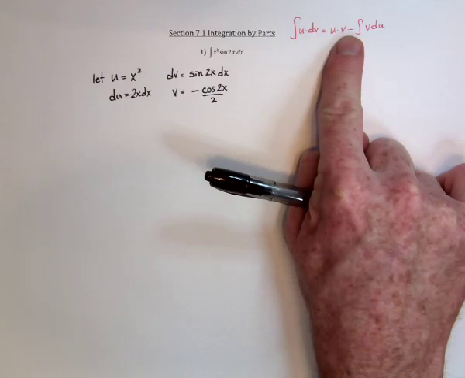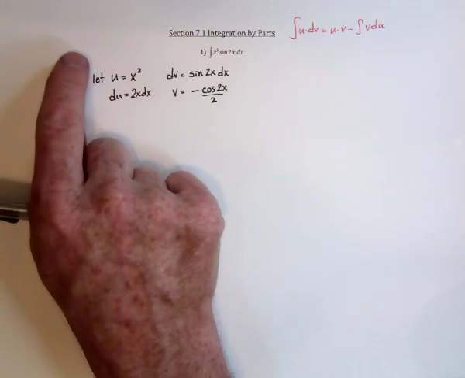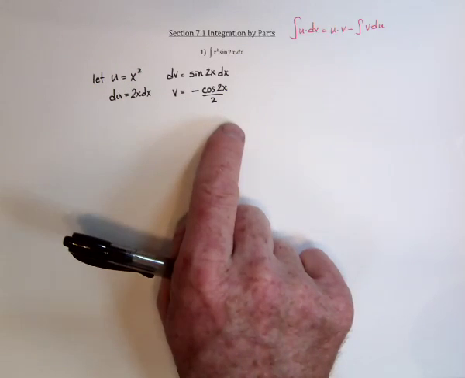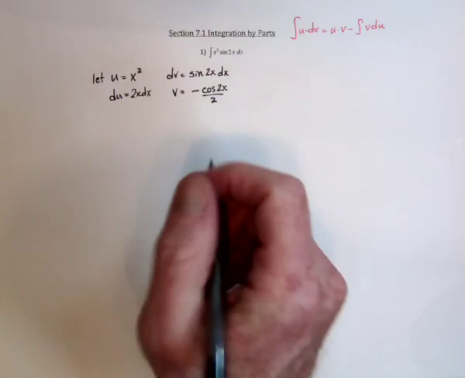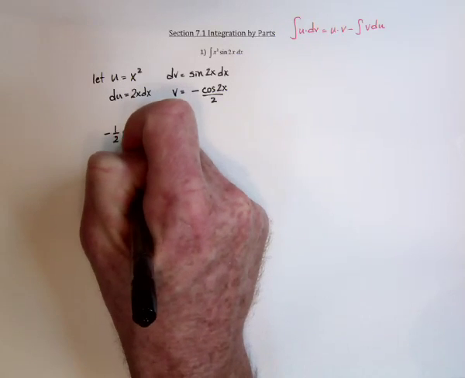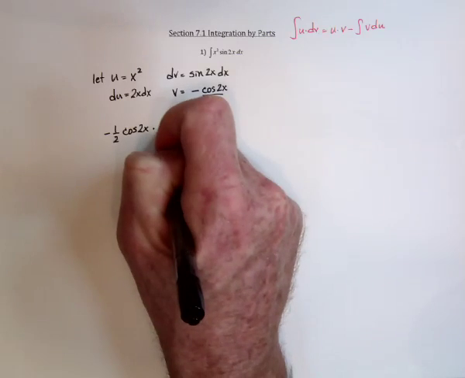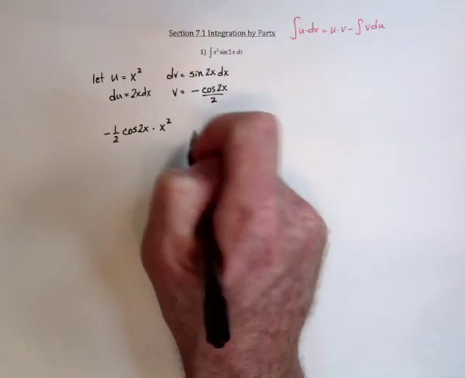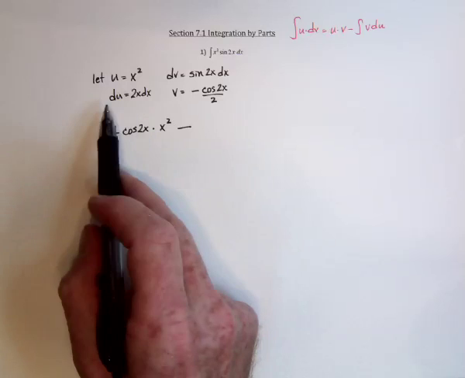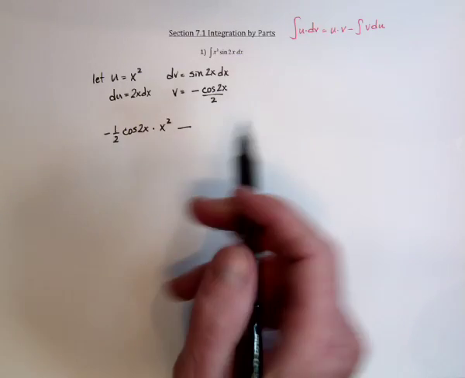So you can remember the integration by parts with this formula. Also, to help me remember, you multiply on the diagonal here, that's u times v. So I'm going to rewrite that as negative 1/2 cosine of 2x gets multiplied with an x squared. And that's minus, and then for v times du, that's just along the bottom, multiply these two.